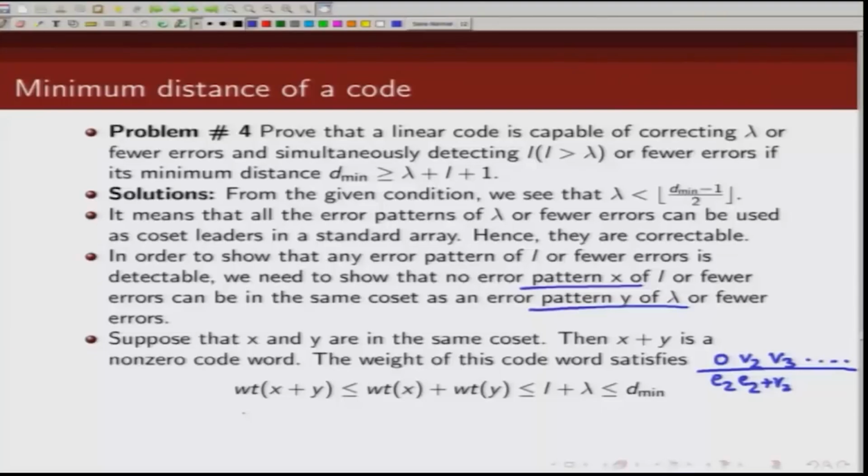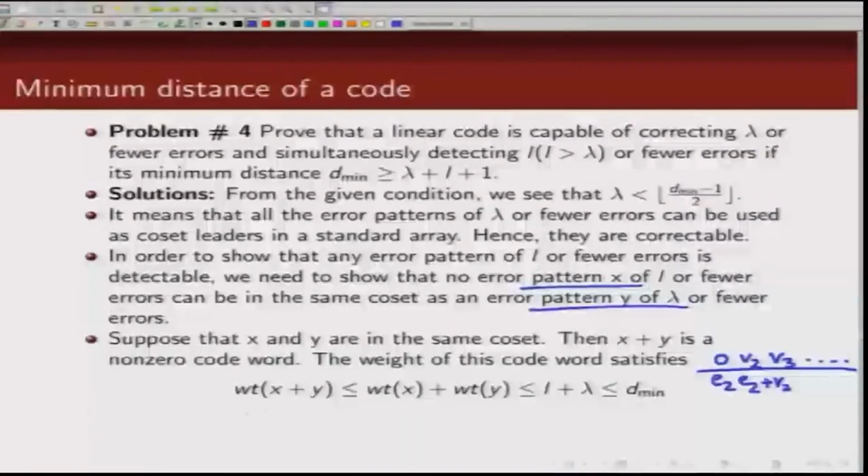But what we have shown here is that the weight of x plus y is less than d min. If x plus y were a valid code word, its weight should be at least d min.